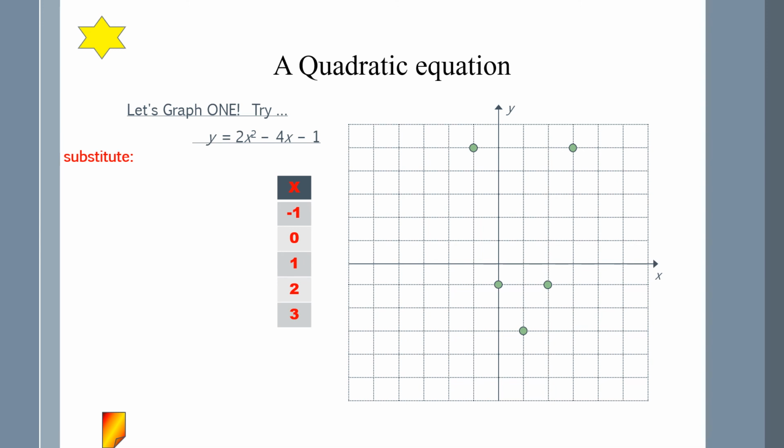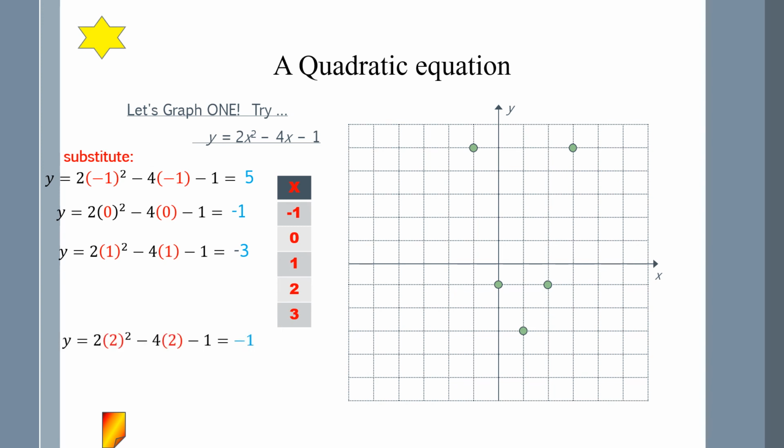So when x is equal to -1, you substitute according to the order of operations. You will solve it to get 5. Then when x is 0, y is -1. When x is 1, y is -3. When x is 2, y is -1. And when x is 3, y is 5. After you find these, you have to plot the points because you already have the coordinates, like -1 and 5. So you plot them and then join these points to form the parabola.